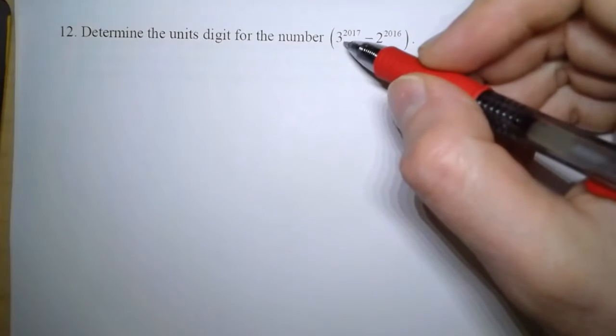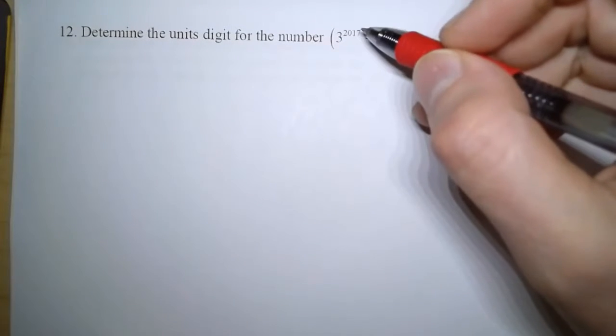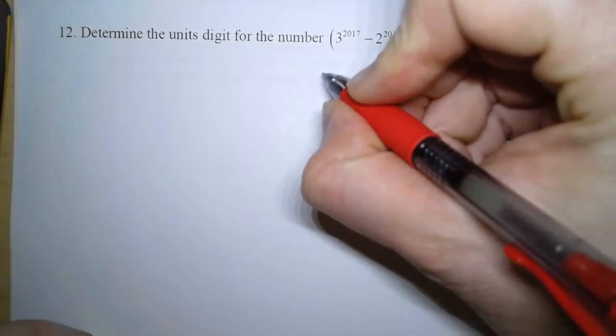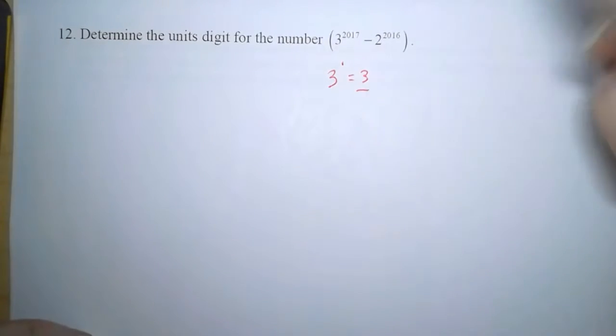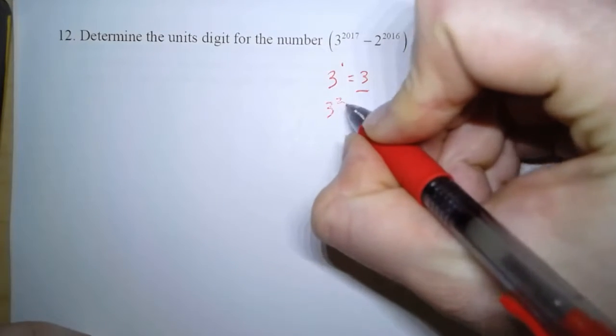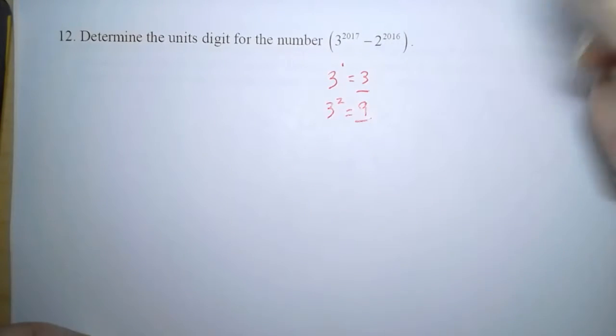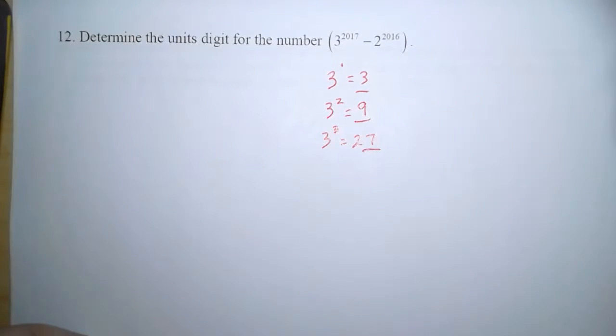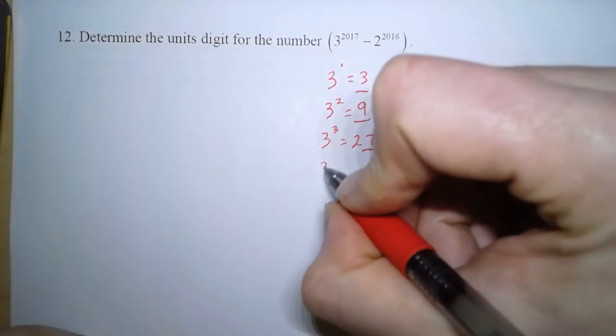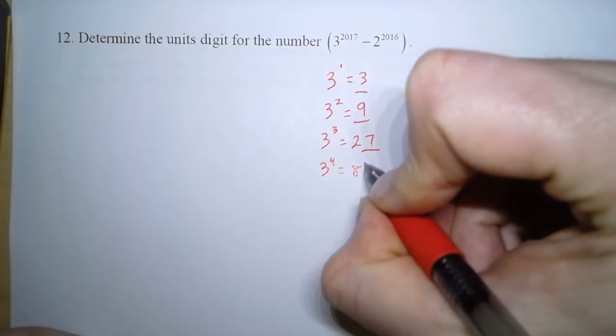There's no way I can figure out this number, but here's what I can do. I can notice a pattern. 3 to the first is 3. There's the units digit. 3 squared is 9. That's the units digit. 3 to the third is 27. There's the units digit. 3 to the fourth is 81.